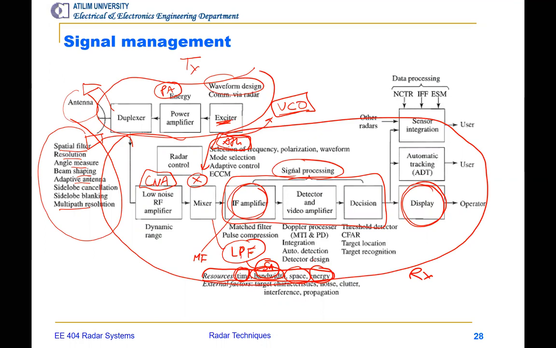Okay? And we have many external factors, as we have discussed in previous slide: clutter, propagation aspects, and target characteristics, missile, or an air platform, or UAV, or a submarine, for example, or interference coming from other radars or systems. So in this slide, we simply reviewed signal management in radar systems.